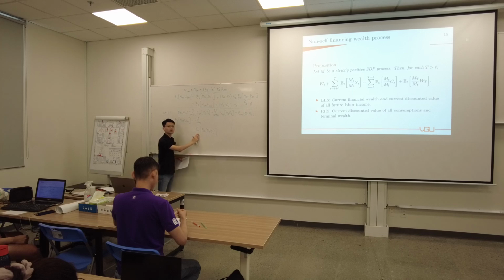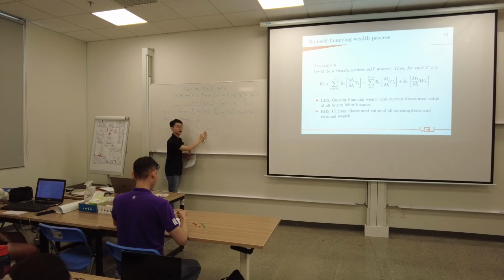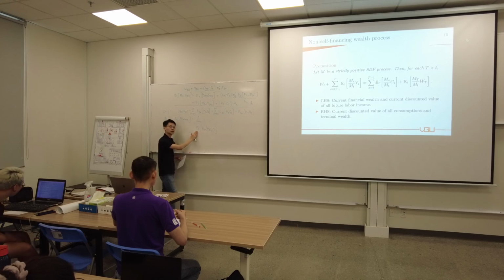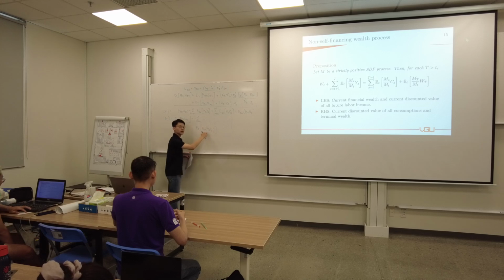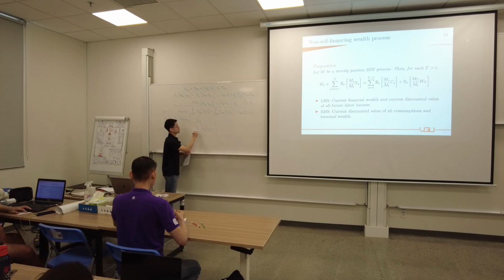We can just apply the law of iterated expectation. Why? Because time tau plus 1 information is larger than the time tau information. So time tau information is a subset of time tau plus 1 information. So we are conditioning on more information in our expectation here, and then we are taking another expectation that's conditioned on less information.